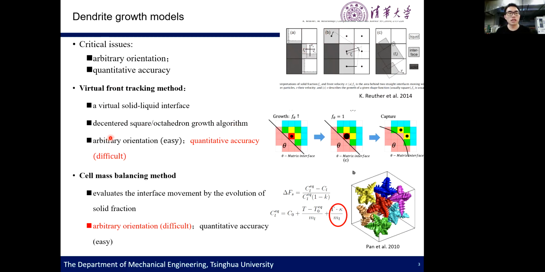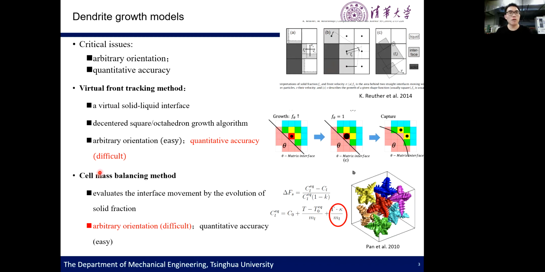Using this method, they can achieve the simulation of dendrites with arbitrary orientation very easily. However, since the established virtual solid-liquid interface is too complex, it's usually hard to accurately evaluate the solid fraction in the interfacial region.